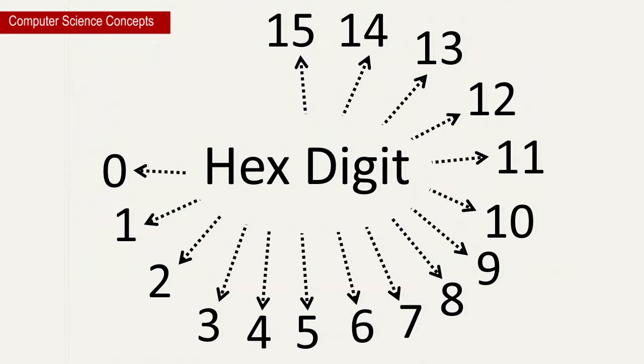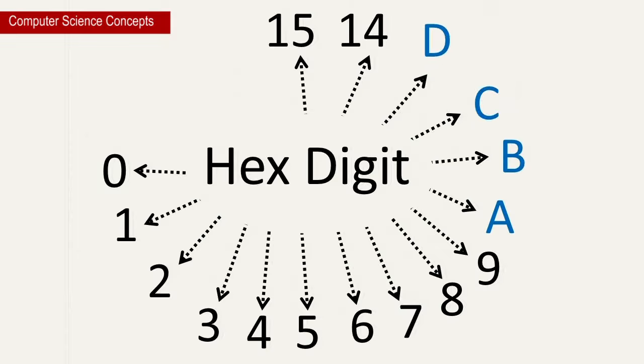However, for the numbers with two digits to be nicely displayed in one digit, they are mapped to Latin alphabet letters, with 10 being an A, 11 being a B, 12 being a C, 13 being a D, 14 being an E, and finally 15 being an F.